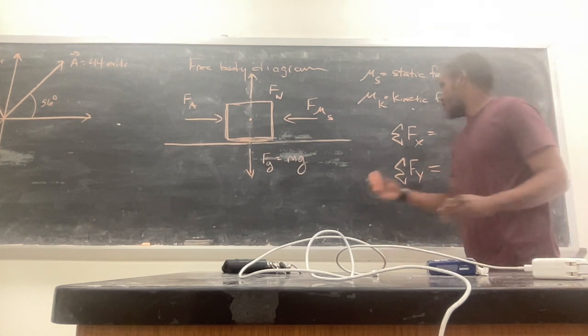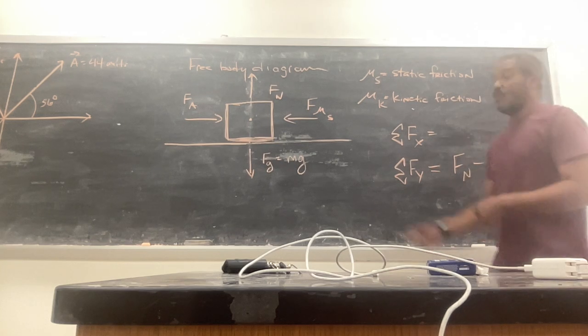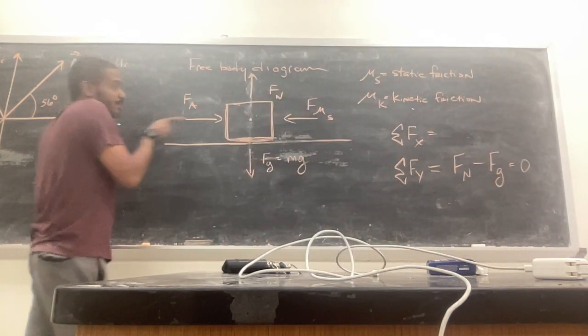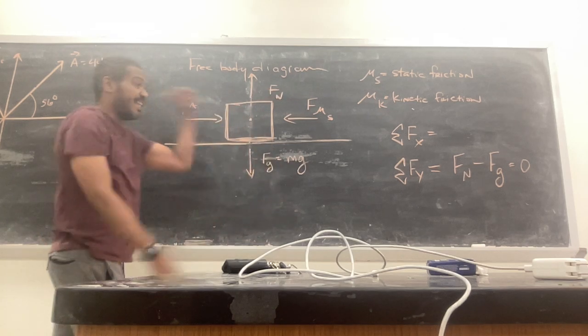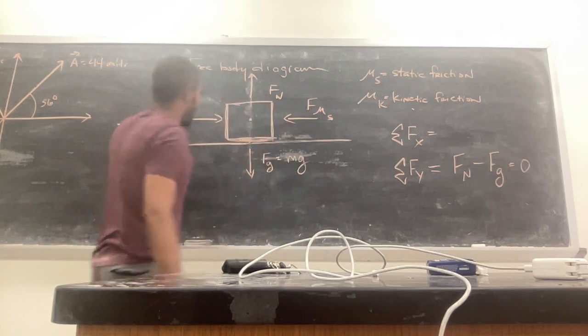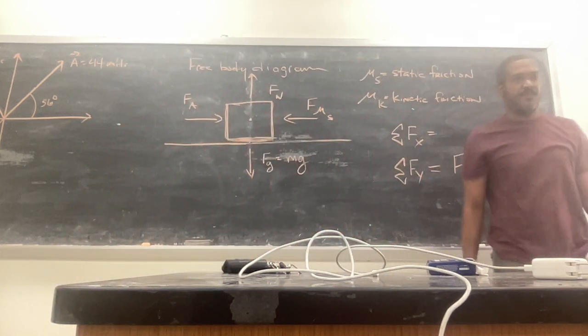So we can write an equation. Since we're on the x, going to the right is positive and going to the left is negative. If F_A points to the right, we write that one first and make it positive.